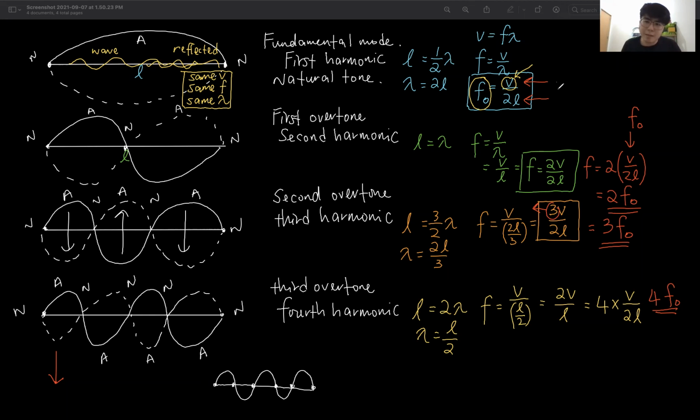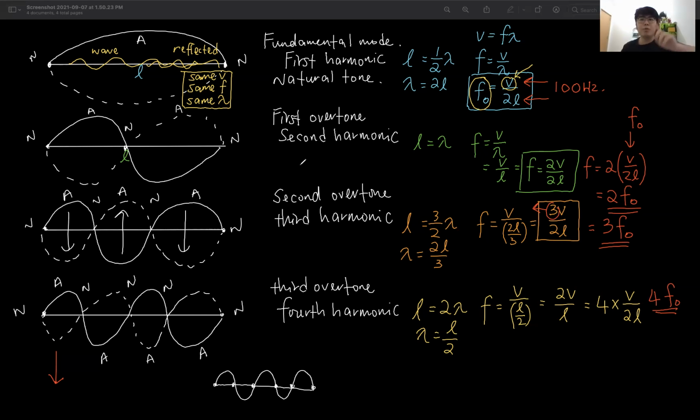Just an example, 100 hertz of frequency. I hear a pitch, right? I hear a certain tone. This is 100 hertz. At the same time, all this, the first harmonic, the second harmonic, the third and the fourth harmonic, all these come to me at the same time. When you pluck the string, all the harmonics come to my ear at the same time. But the loudest is the first one.